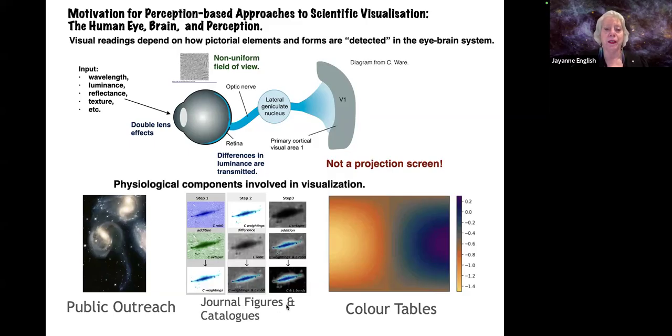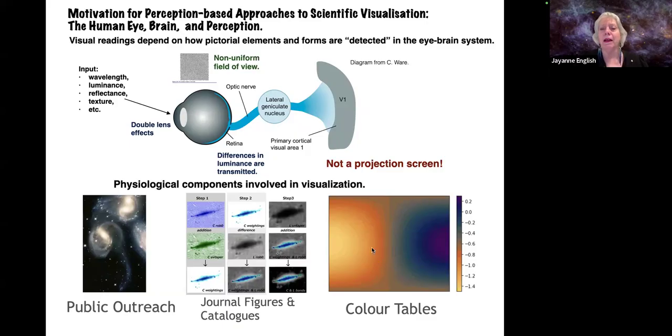So for journal figures and catalogs, the creation of an image of, say, multiple different frequencies can help us learn whether, for example, in this case, star formation regions are causing synchrotron radiation out into the halos of galaxies. Instead of using contour plots, which are hard to tease out information from and take time, at a glance we can start to see whether there is a correlation.